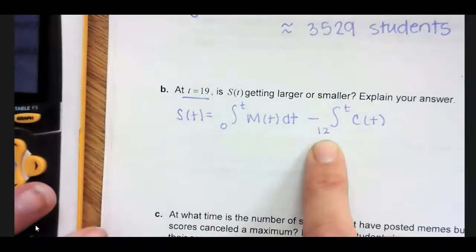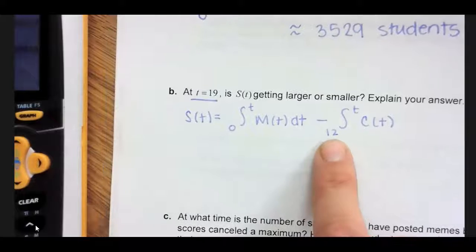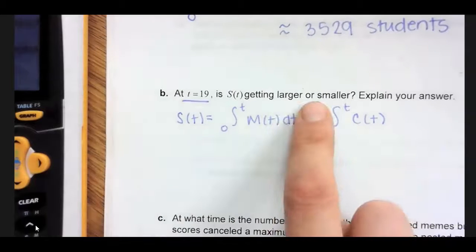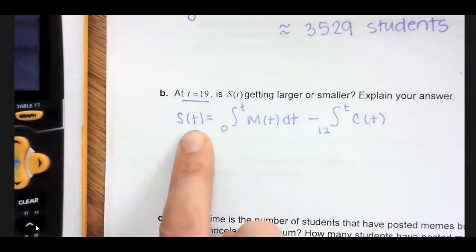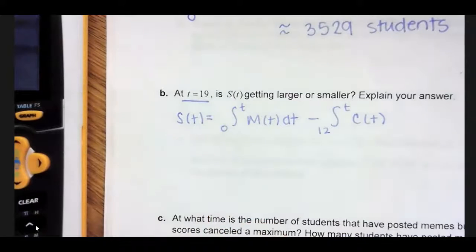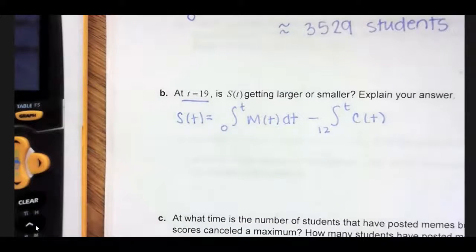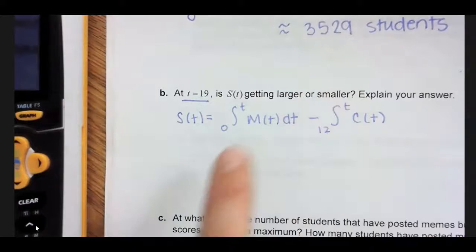So if I want to know at time 19 if it's larger or smaller, if I want to know if the original is increasing or decreasing, what do I look at? If you want to know if the original is increasing or decreasing, what do you look at?